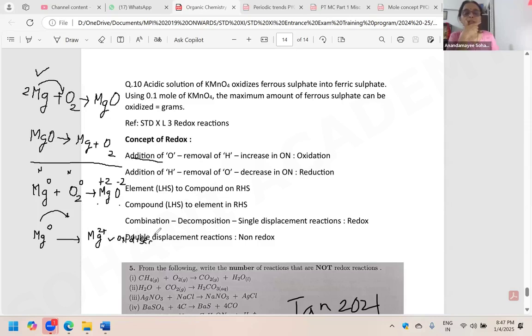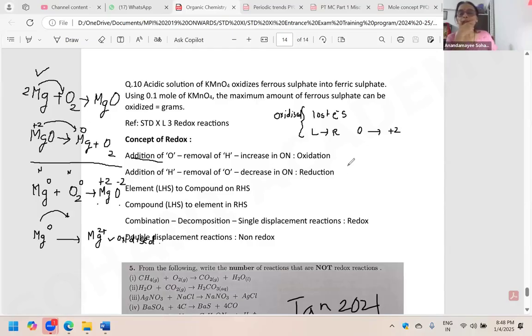So when an element has lost electrons, or when an element has gone from left to right with respect to its charge on the number line, I say it is oxidized. At the same time, when MgO forms Mg, +2 has become 0.